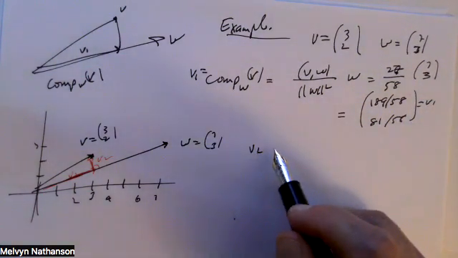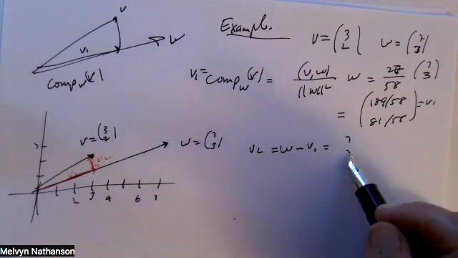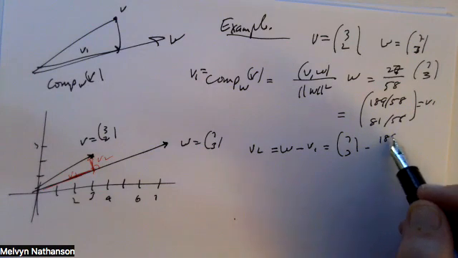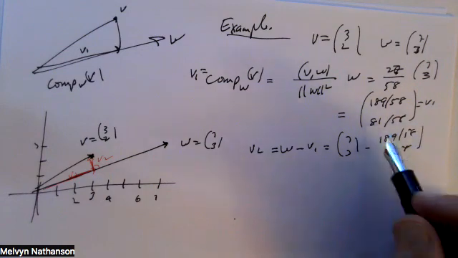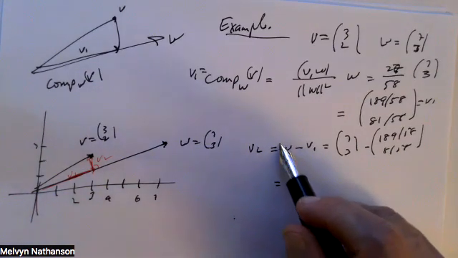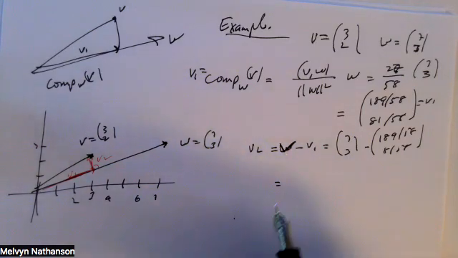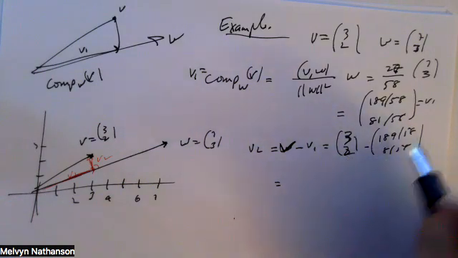And V2 is V minus V1. Then I want V2 and V1 to add up to V. So V is 3, 2 minus that.